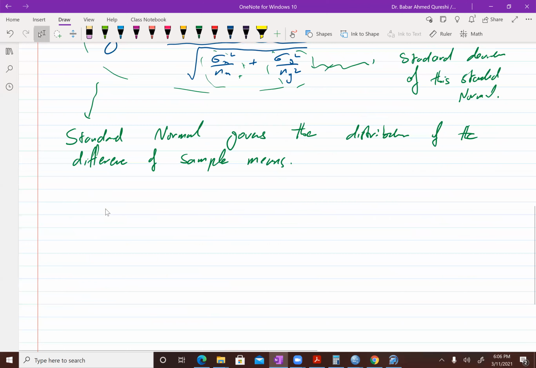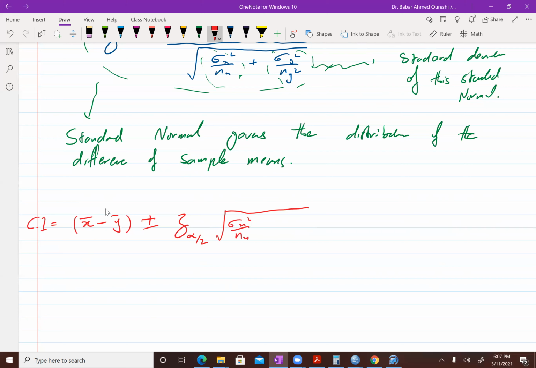In that case, using our arguments as before, our confidence interval would be given by this: the central value, which you got in your point estimate, plus and minus the critical value with any confidence level you want, multiplied with the standard deviation of the standard normal, which in our case is this.